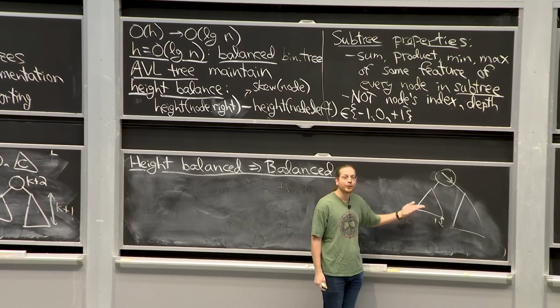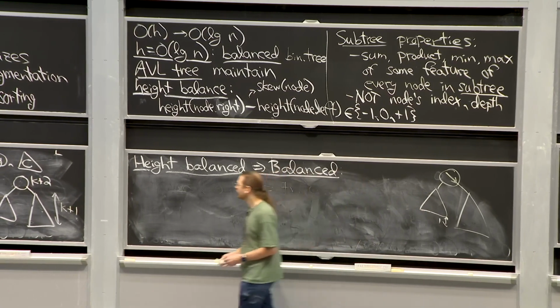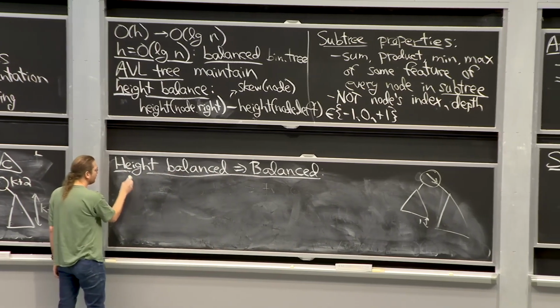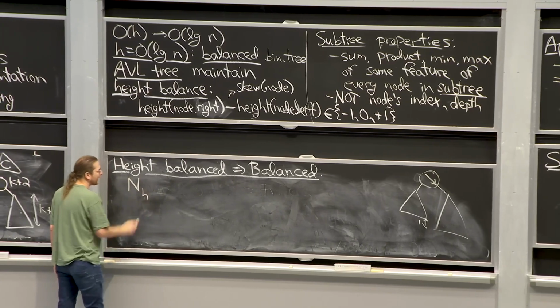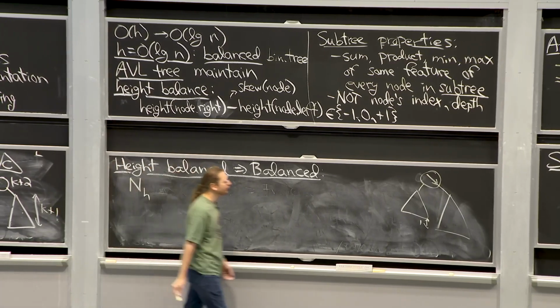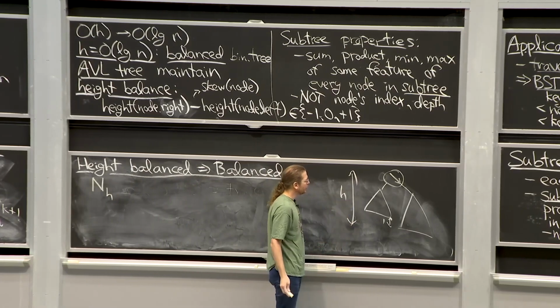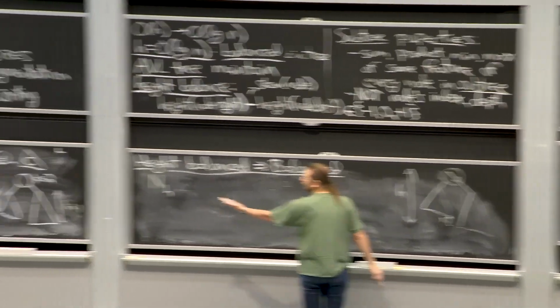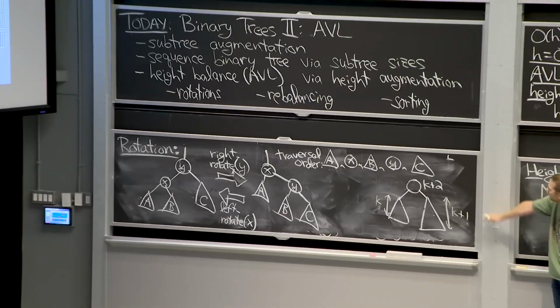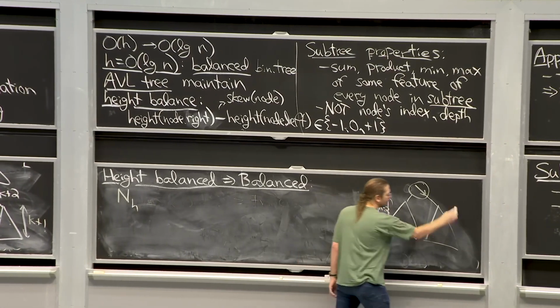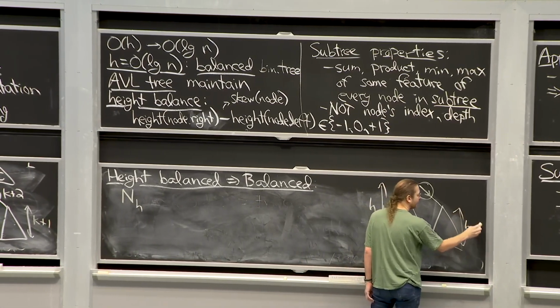Let's just count how many nodes are in this tree. I'm going to write that as a recurrence, which is the number of nodes in a tree of height h. So if this whole tree has height h, as we said in this picture, if I just subtract 2 from all these numbers, then this one has height h minus 2, and this one has height h minus 1.